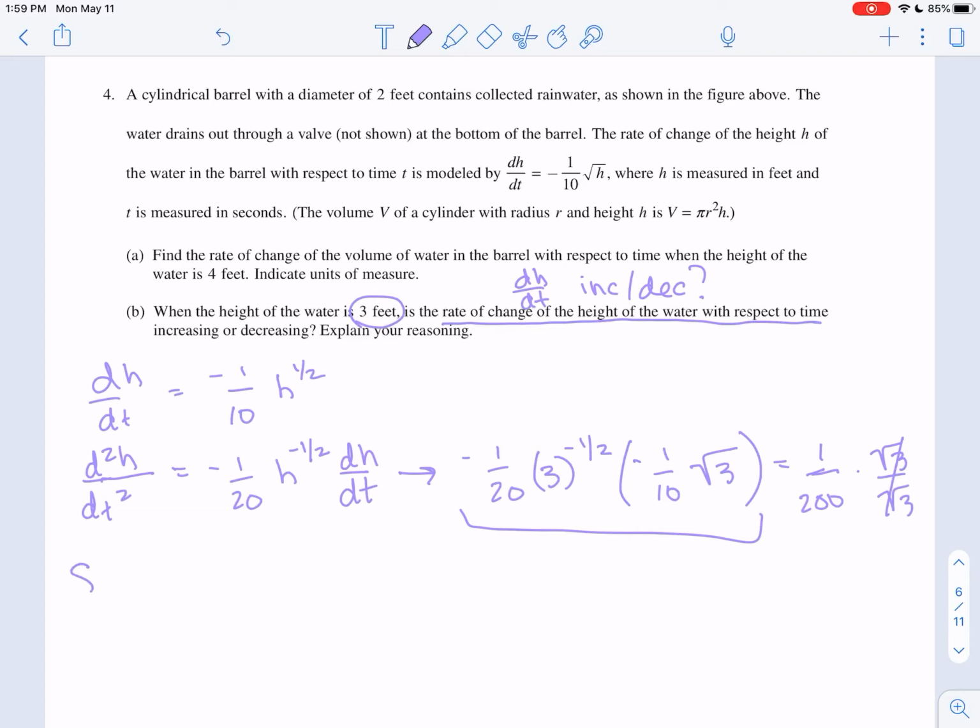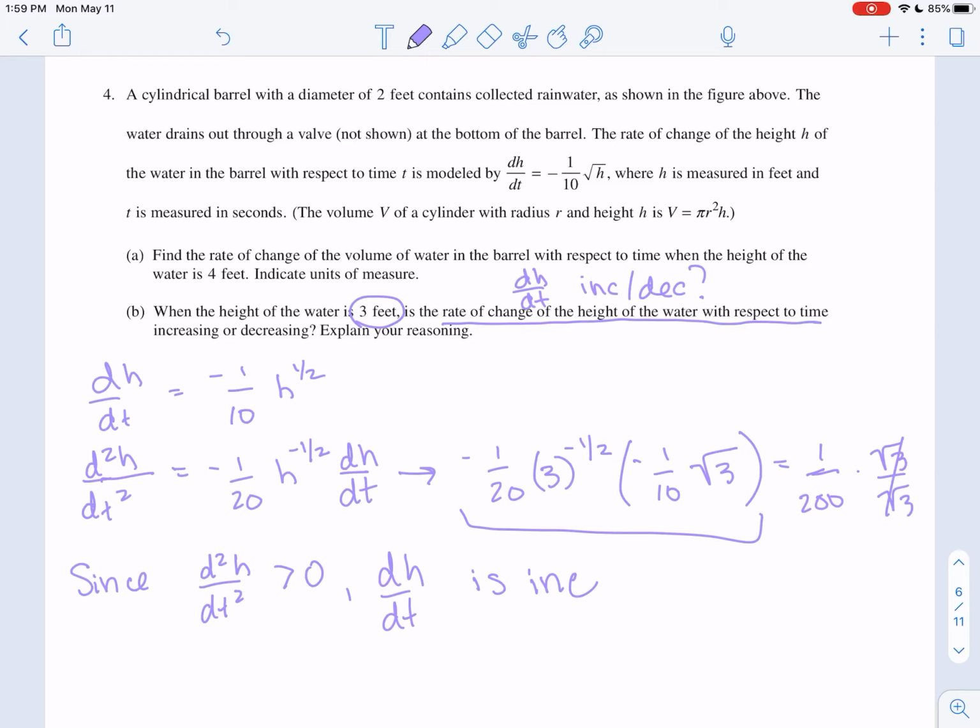So since the second derivative is positive, the rate of change of the height with respect to time is increasing. Okay? Alrighty.